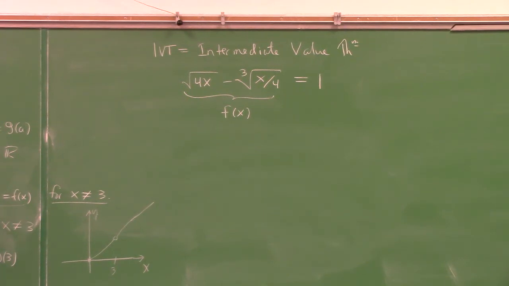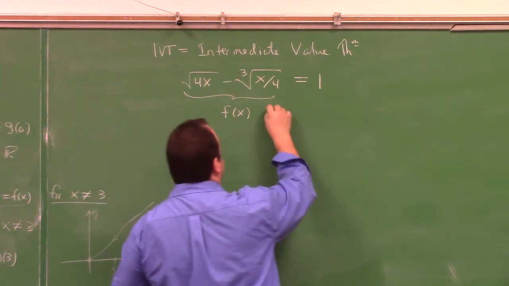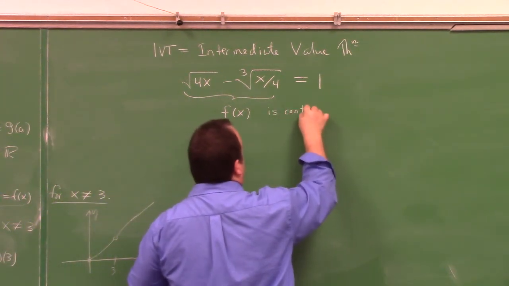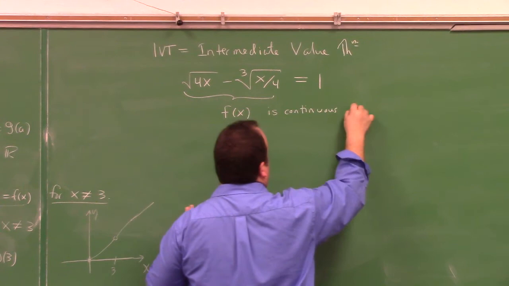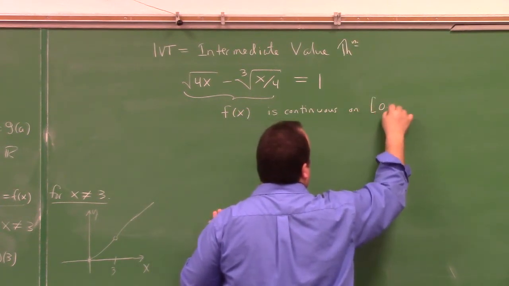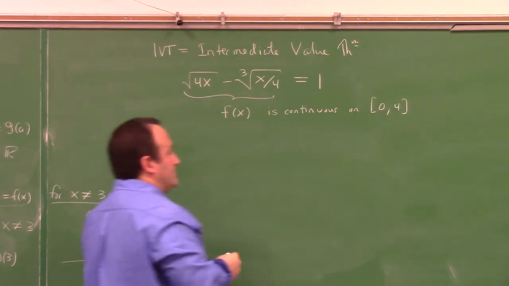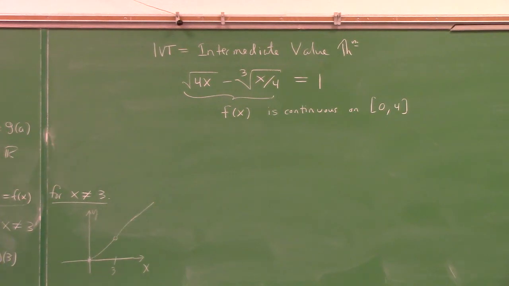Those are both continuous as long as we're feeding the square root non-negative things. And since x is from 0 to 4, this is continuous on 0 to 4. All right, so that's observation number 1.